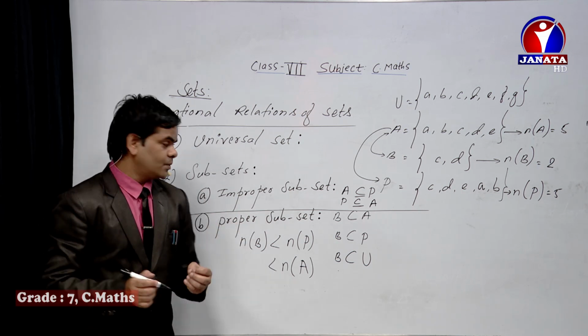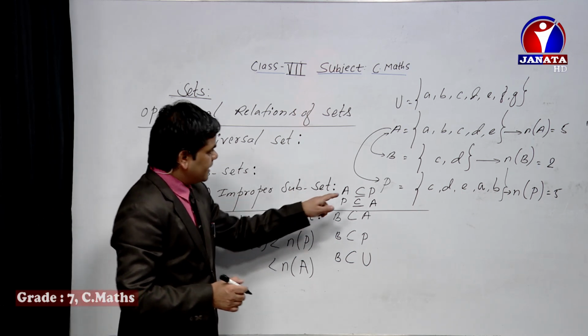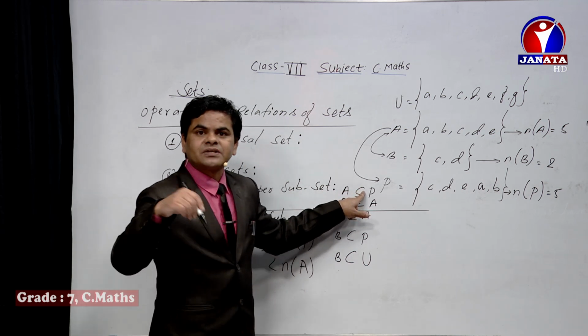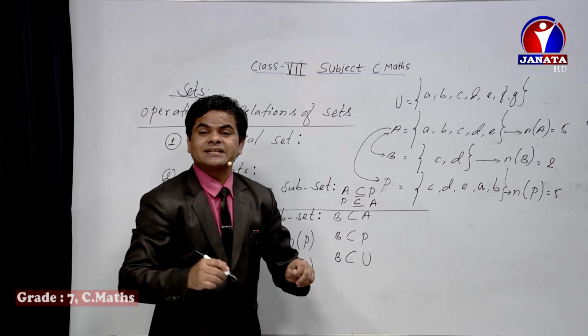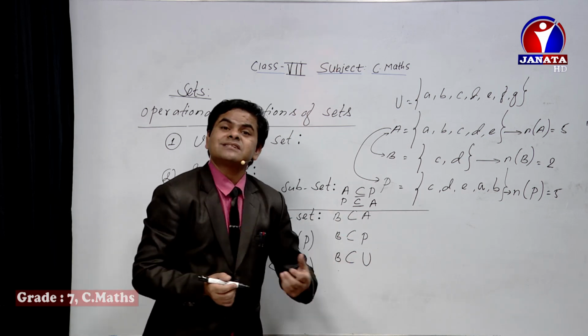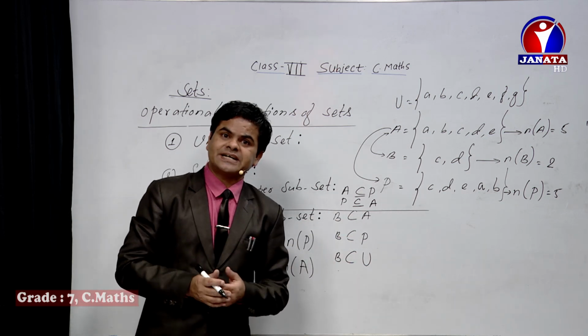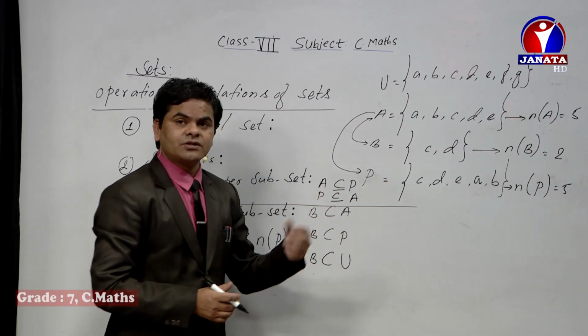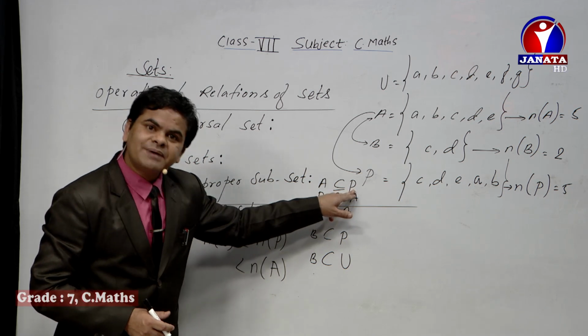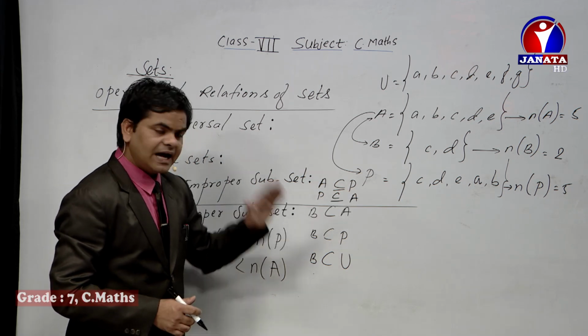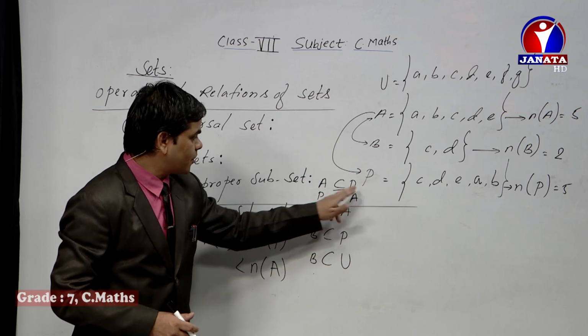Now, if we go to improper subset, dear students, here is the U sign turning towards the right, along with this. What does it mean? Generally, we read this as minus, but it doesn't represent minus, it represents equal. Cardinally also equal. That means similar elements, all the elements should be there in both sets, an equal number of elements.